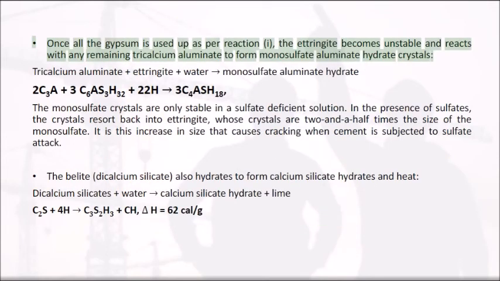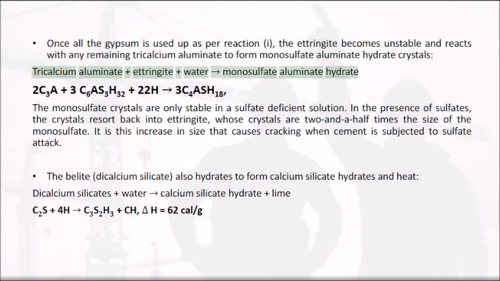Once all the gypsum is used up as per reaction 1, the ettringite becomes unstable and reacts with any remaining tricalcium aluminate to form monosulfate aluminate hydrate crystals.